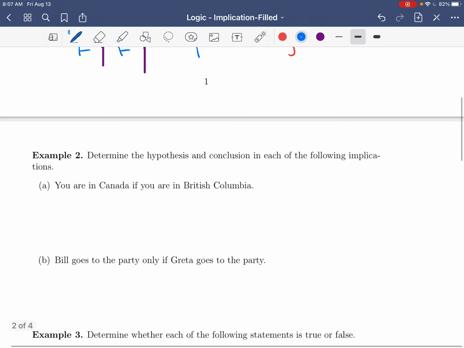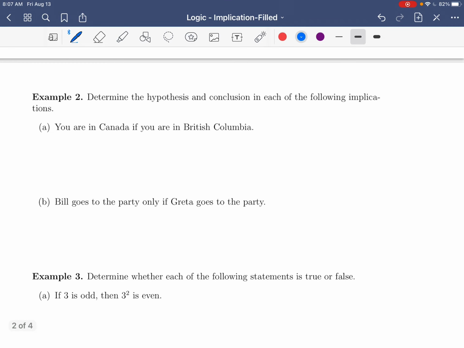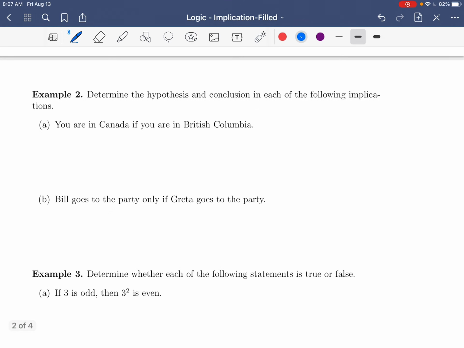So let's just determine the hypothesis and the conclusion here. You're in Canada if you are in British Columbia. The hypothesis is the P. The conclusion is the Q. So we see this word if.